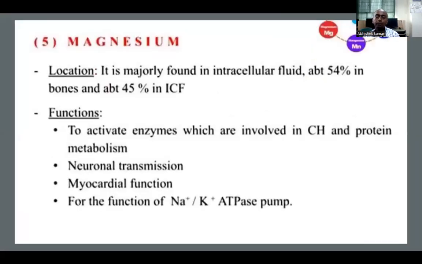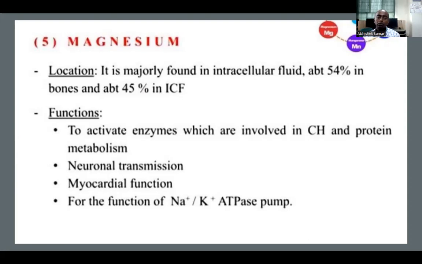Magnesium. It is majorly found in intracellular fluid, about 54% in bones and 45% in ICF.